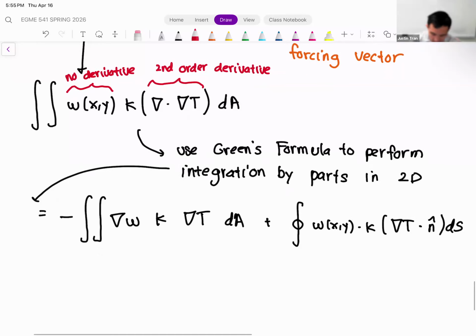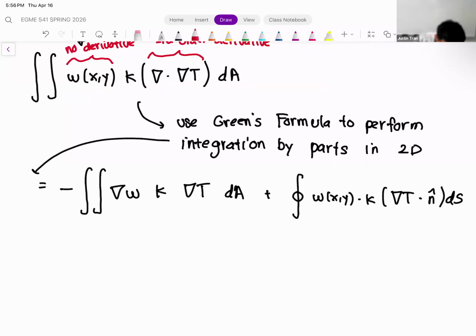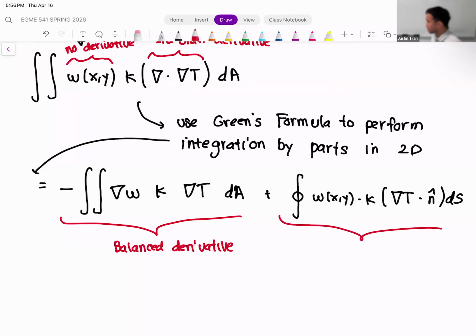And so let's debrief here a little bit. So first thing we obtain after applying Green's formula is we get a double integral with a balanced derivative. And the second expression that we get here is a line integral that goes around the boundary of our domain.